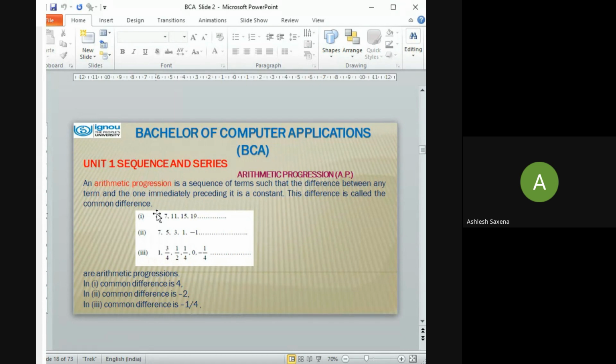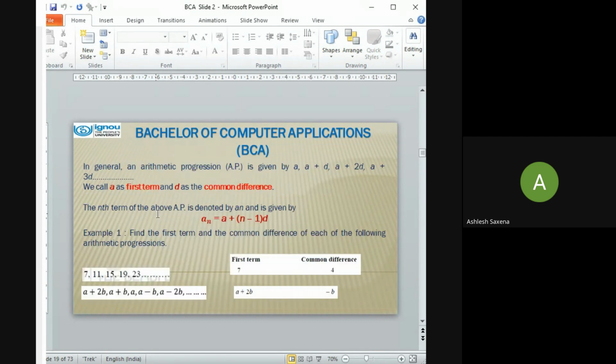If the common difference is not equal throughout the series, it is not an AP. Now, the first term is given by a and the common difference is denoted by d. We have to know two formulas in arithmetic progression. The first one is known as the term formula and the second one is the sum formula.